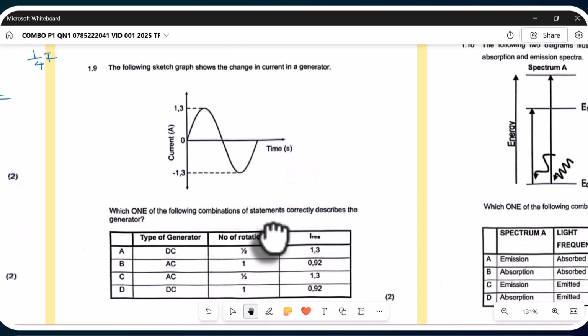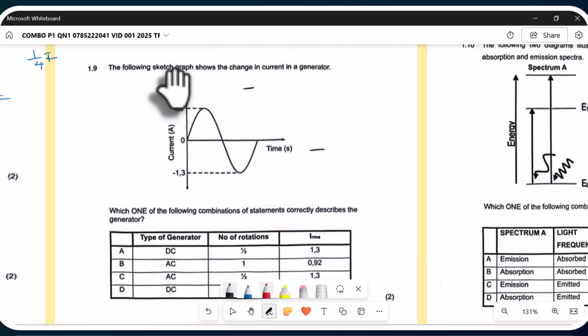Lastly, in our session, they're saying that the following two diagrams illustrate the simple differences between atomic absorption and emission spectra. We have energy here, spectrum A. This is the ground state, E0. This is E1. Spectrum B has the excited state. This one is E1, this is E2 here. They're asking which one of the following combinations regarding the spectra is correct.